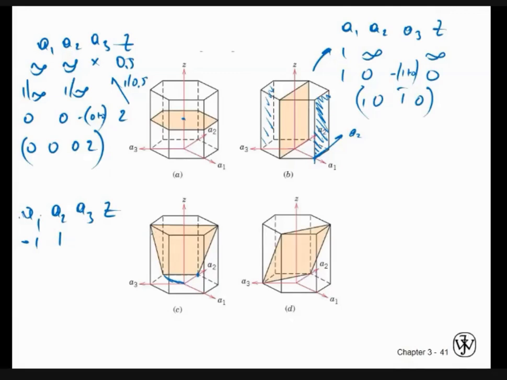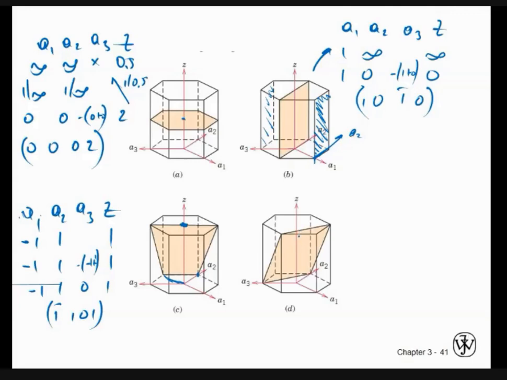So it intersects the Z axis at point 1. Yes, you see this point is inclined and it ends at this axis, 1. Take the reverse, it will be the same, and A3 will be negative. Add this together: -1, 1, 0, 1. That is this plane.